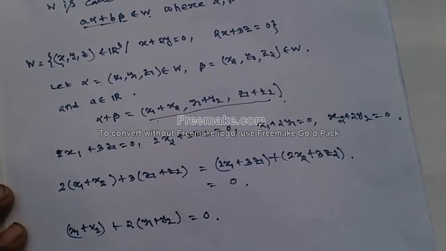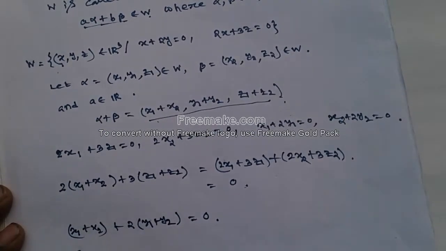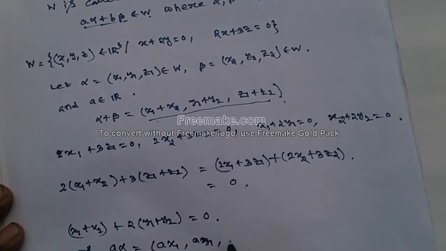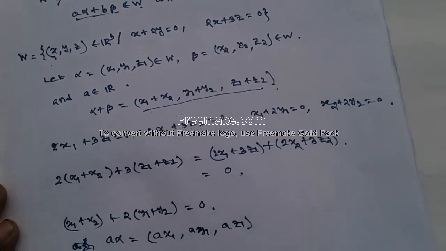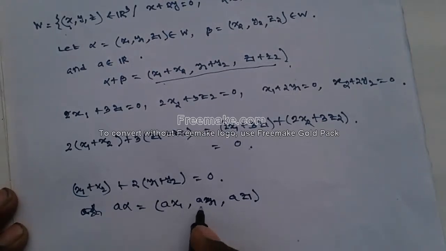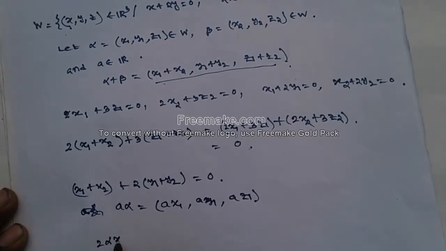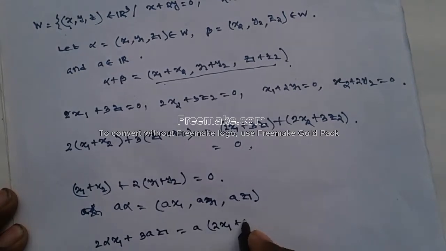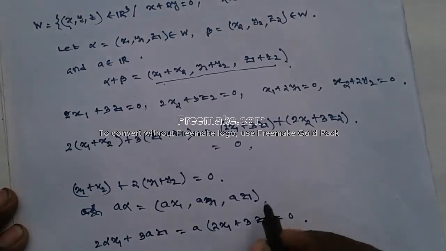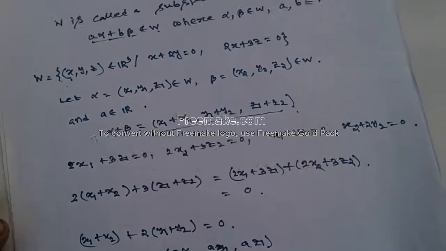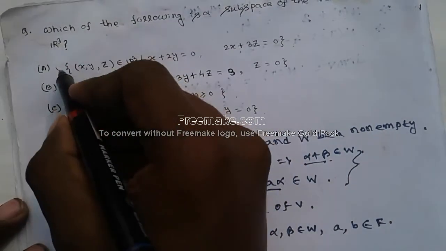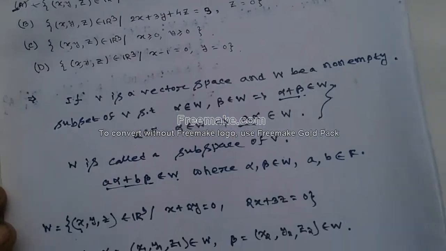And if we multiply a scalar a into alpha, a alpha equals (a x1, a y1, a z1), and this also holds the condition, because 2a x1 plus 3a z1 equals a times (2x1 plus 3z1), and this holds the other condition too. Therefore A is a subspace.